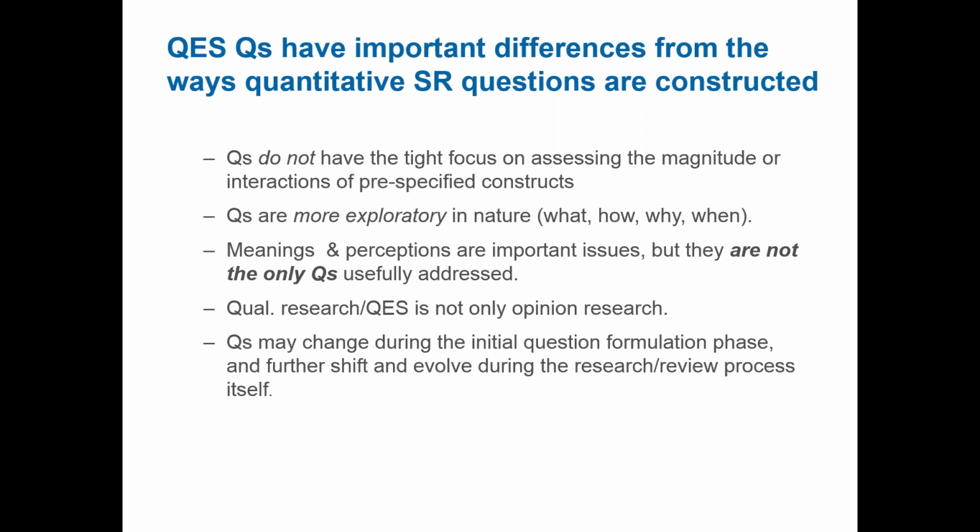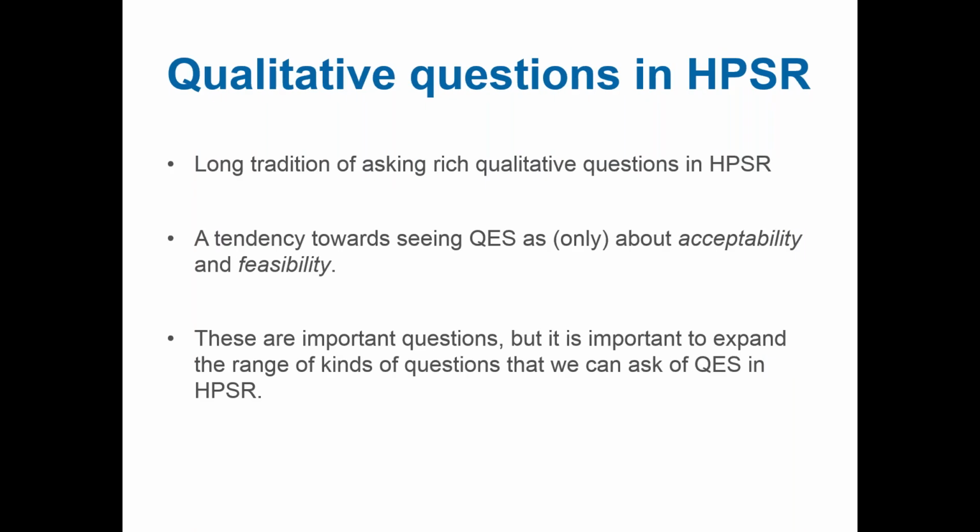The question may change during the initial formulation phase, and it might further shift and evolve during the research and review process, much as is the case with primary qualitative research. We have a long tradition of asking rich qualitative questions in health policy and systems research, as Corin has alluded to earlier.